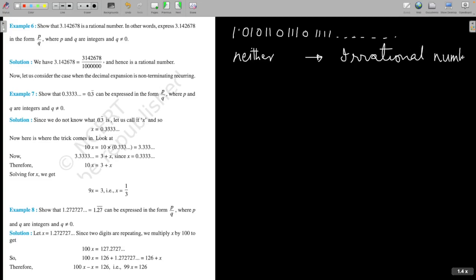Okay, so now, in this particular page, let's talk about the reverse problem.